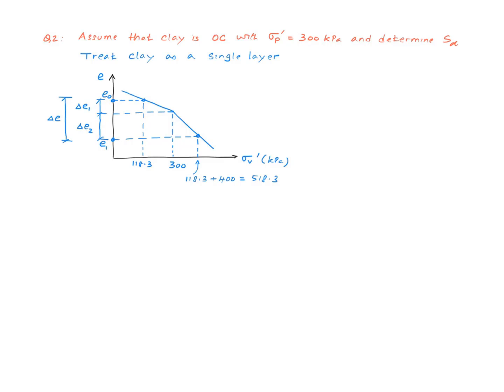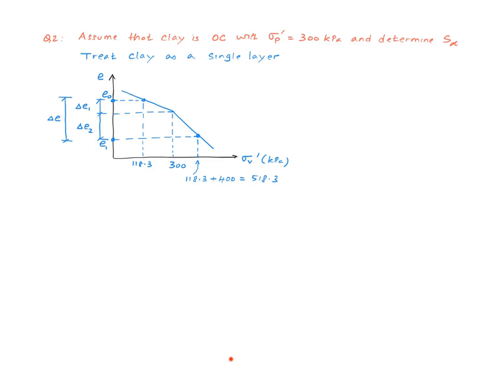Next, I'm going to assume that the clay is over-consolidated with a pre-consolidation pressure of 300 kilopascal. We'll keep things a little simple here. We'll assume that the clay can be treated as a single layer. So we already calculated the initial stress at the midpoint of the clay layer before, which was 118.3 kilopascal.